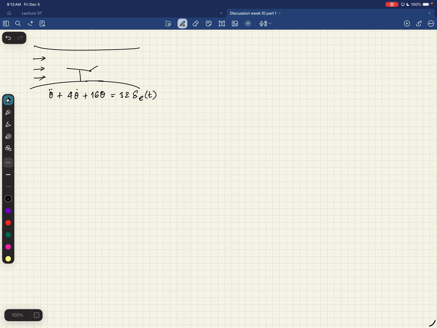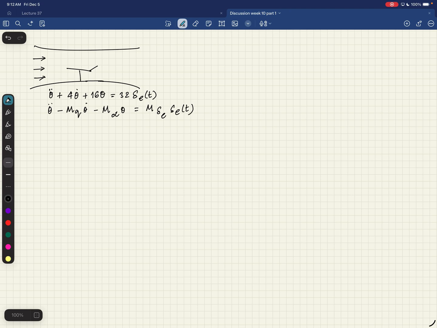Minus 4. Okay, so be cautious about that. The original equation is theta double dot minus M_q theta dot minus M_alpha theta equals M_delta_e delta e as a function of time. So be cautious about this.